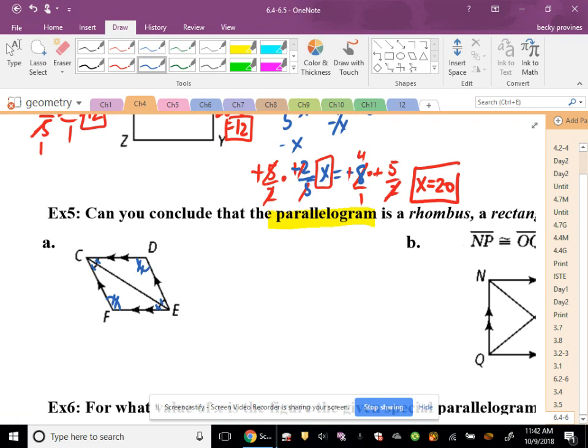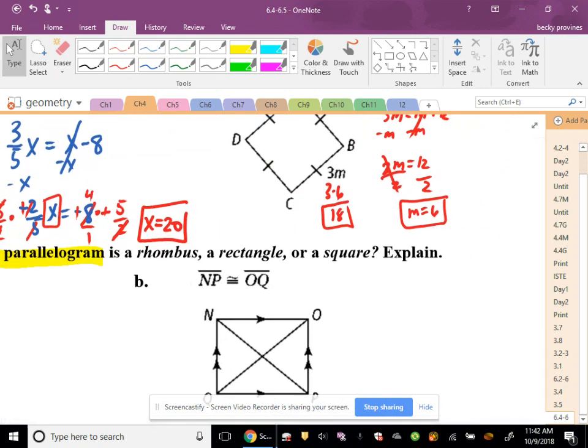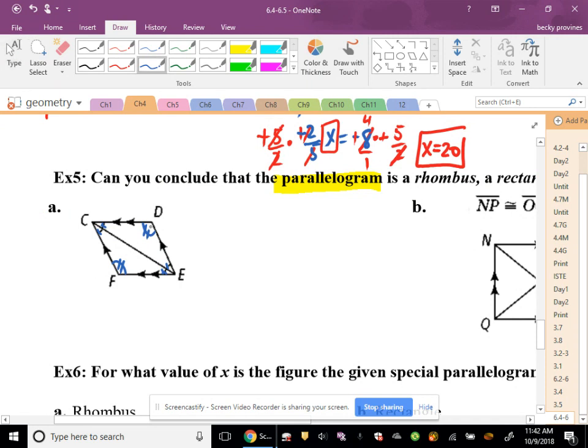But I'm going to say we cannot conclude that it is any of these, because we do not know anything about this diagonal. So this one is none. We don't know anything about FD.